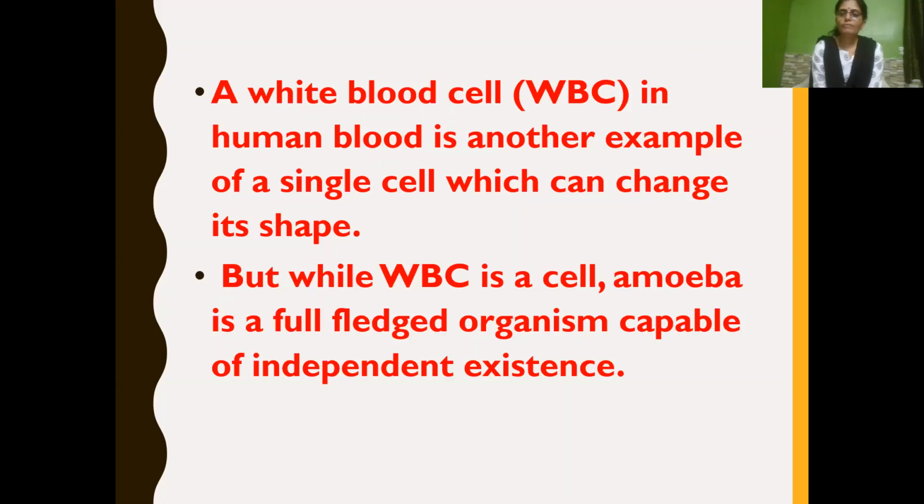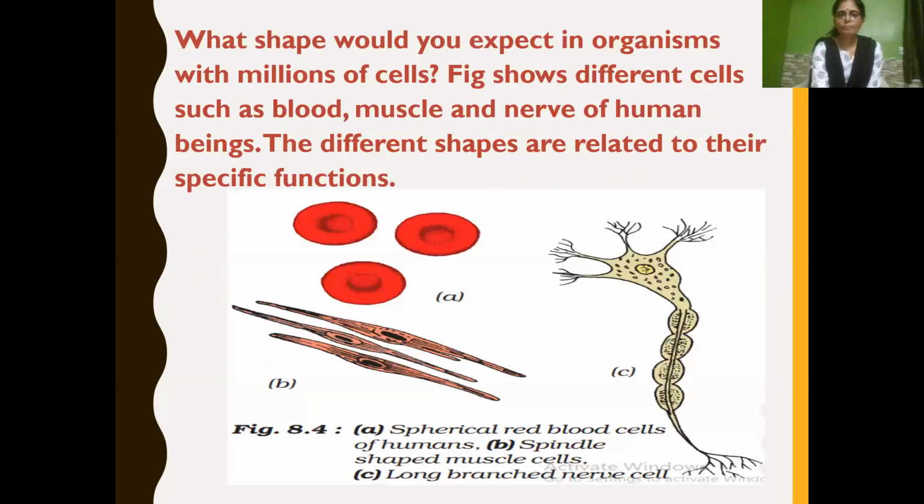So, an example of a cell which can change its shape: you can tell amoeba and WBC, that is white blood cell in human blood, is an example of a cell which can change its shape.